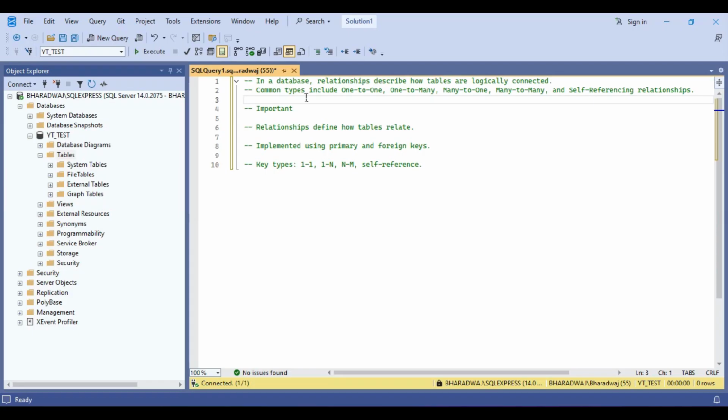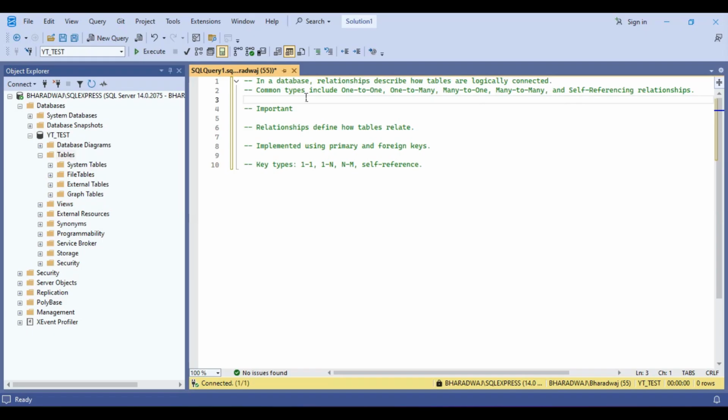Simple to understand. Let's come to the summarized part here. Let's discuss some important things. Relationships define how tables relate, one to one, one to many, etc. We can implement the relationship between different tables using primary and foreign keys.